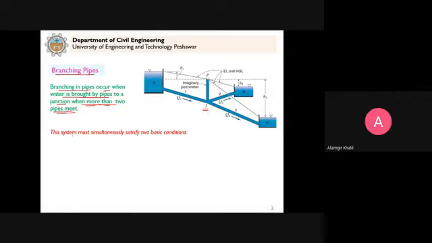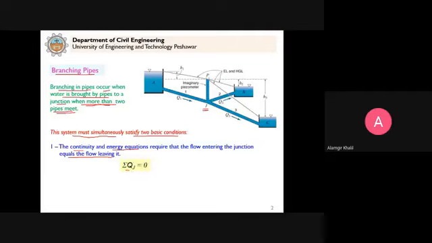So this system must simultaneously satisfy 2 basic conditions. What are the 2 basic conditions? The first one is that the continuity and energy equations require that the flow entering the junction equals the flow leaving it. So what will the continuity and energy equations require?